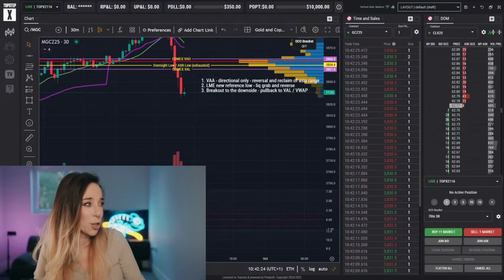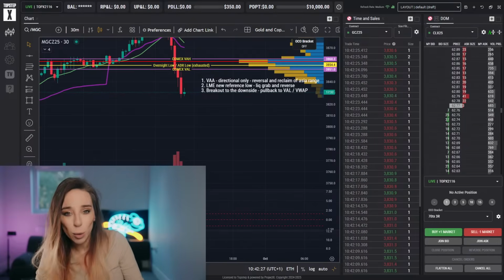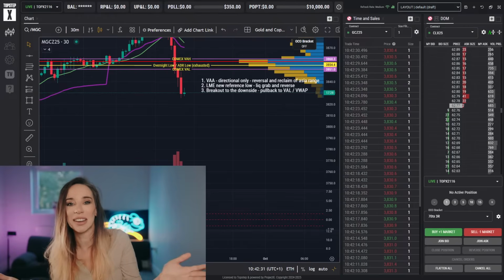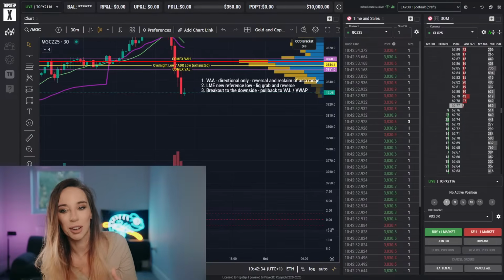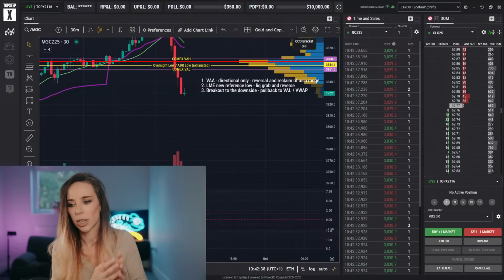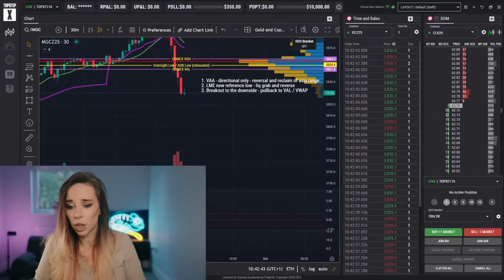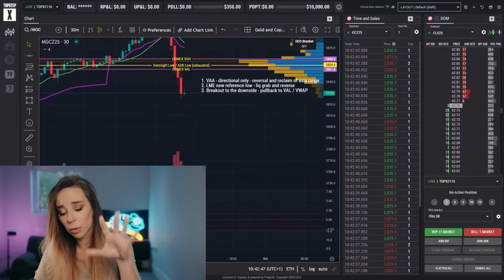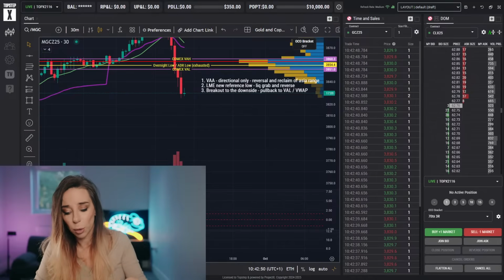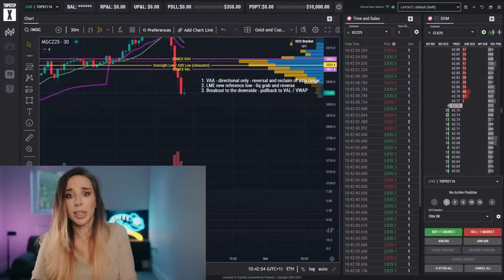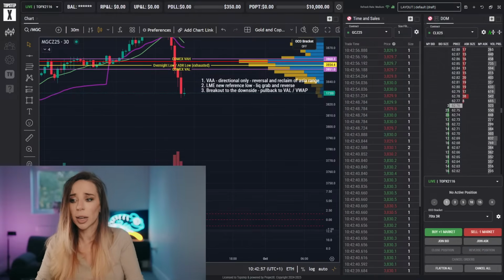Trader X says, Coach D, I changed to trading GC only and getting consistent payouts. Amazing. Do you know how happy I am to hear that? Because that's the point. It doesn't matter whether you're going to trade NQ or GC. If NQ is harming you, move away from the damn thing. And GC, you know how many people have said this to me? So many people. Every time I move somebody away from NQ and put them onto a product that actually follows levels and behaves itself, suddenly they start seeing the light at the end of the tunnel.